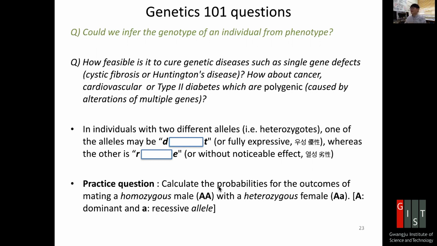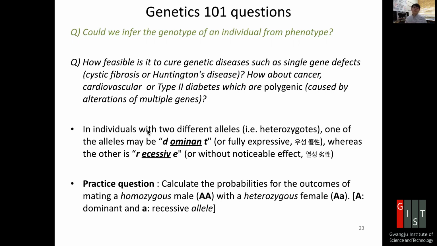An individual with two different alleles is called heterozygous. One of the alleles could be dominant, or fully expressive, and the other can be without noticeable effect, which is called recessive. Because of these aspects, we cannot infer a genotype directly from phenotype, but we can think about the probability.